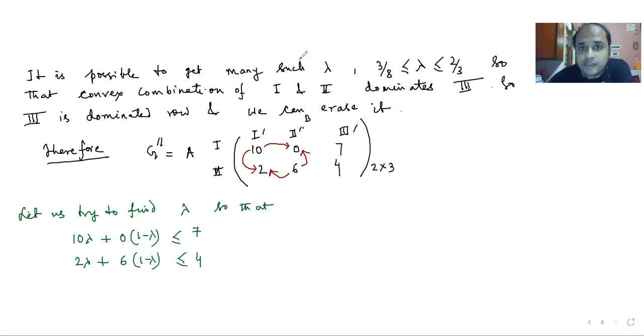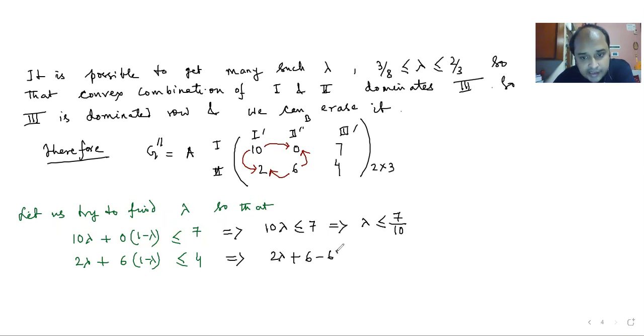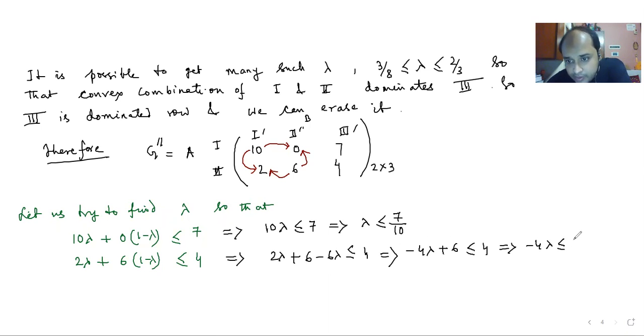Let us solve these inequalities. From the first, we get 10 lambda less than or equal to 7, so lambda is less than or equal to 7 by 10. From the second, we get 2 lambda plus 6 minus 6 lambda less than or equal to 4, which is minus 4 lambda plus 6 less than or equal to 4, which implies minus 4 lambda less than or equal to 4 minus 6, that is minus 2.